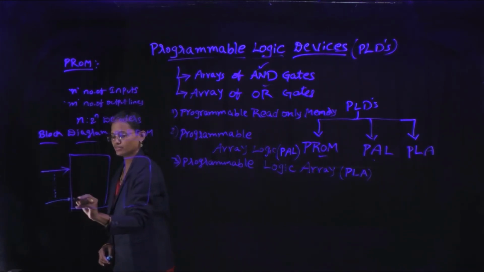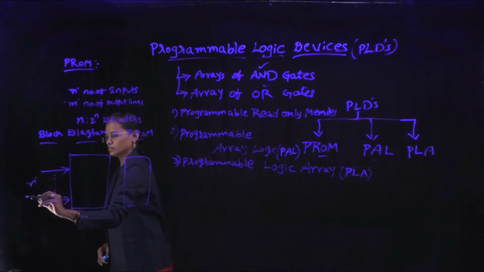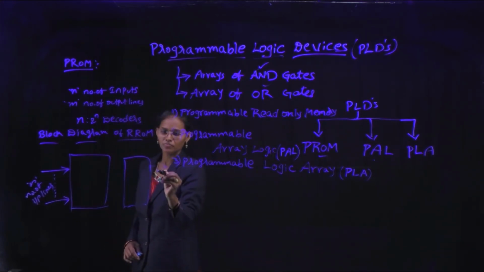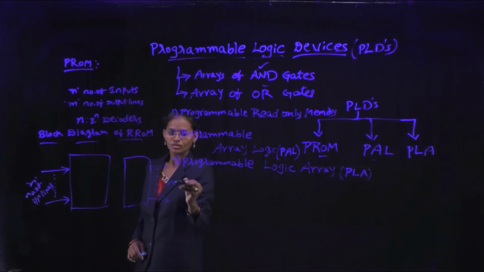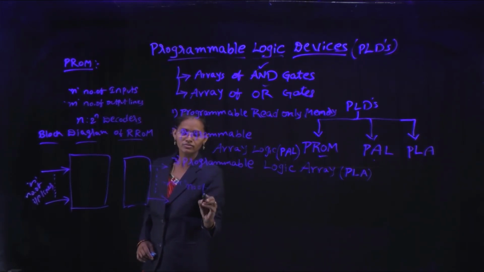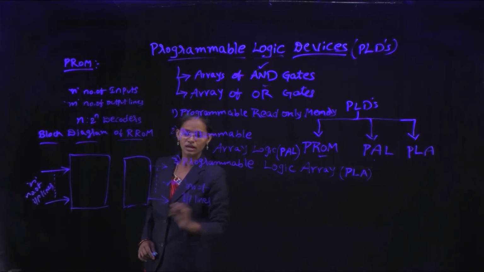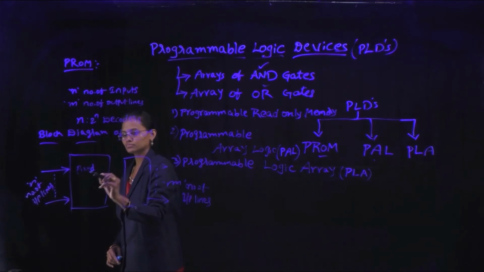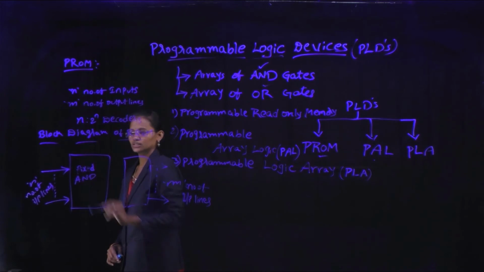N number of input lines and produces m number of output lines. Here AND arrays are fixed.